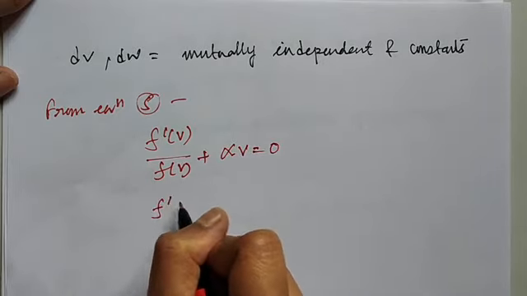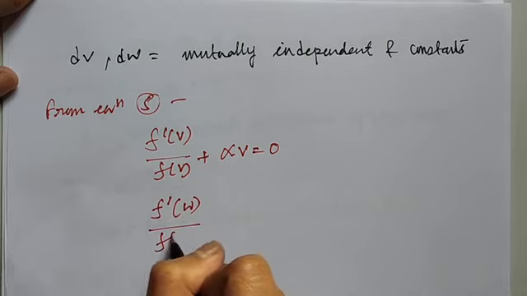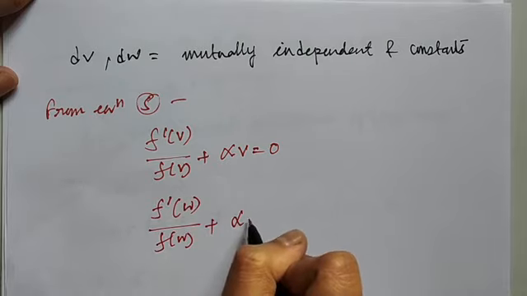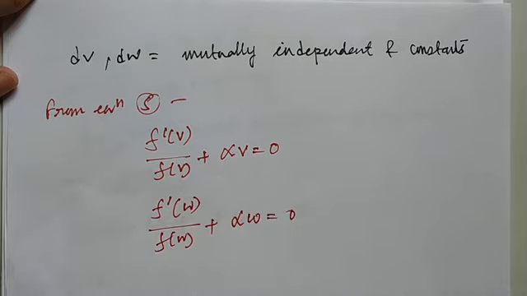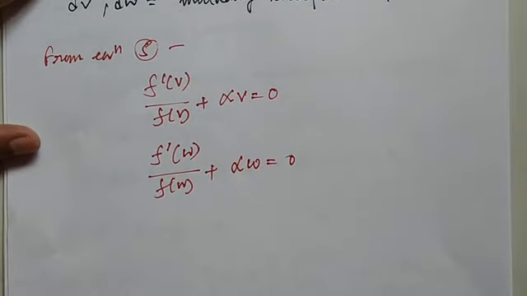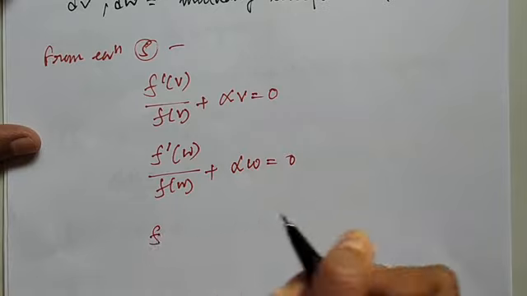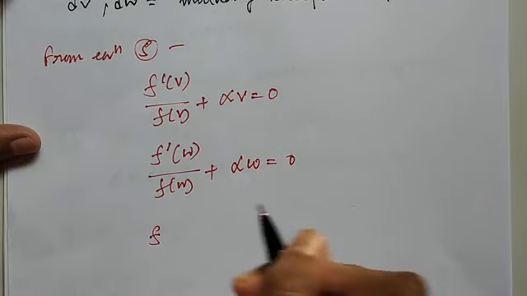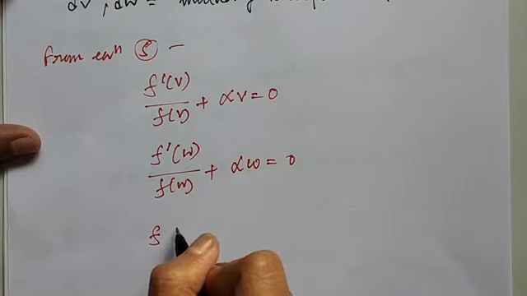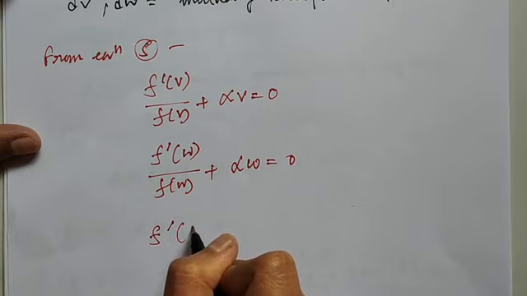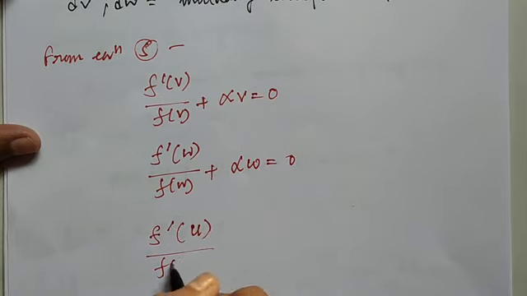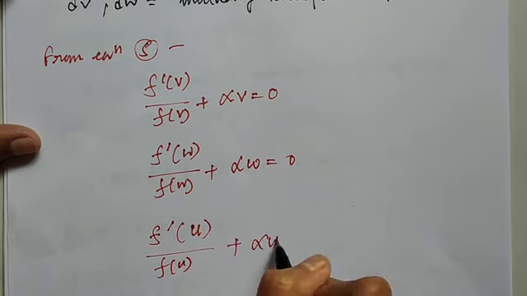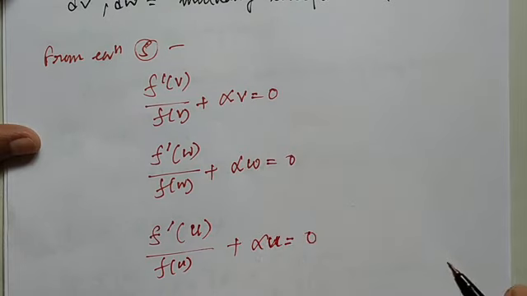Also f prime w by fw plus alpha w equals 0. And if you remember, we chose alpha in such a way that the coefficient of du, which was f prime u by fu plus alpha u, was also 0.